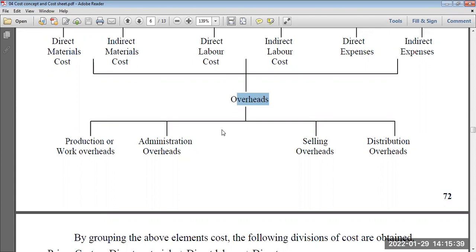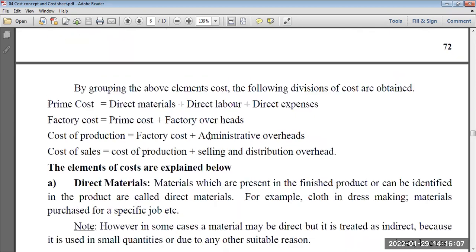And then during the process of selling your output, if you spend any indirect expenses, such indirect expenses can be called selling overheads. Okay, while delivering the goods to the customer's place, if there are any indirect expenses incurred, such expenses are called distribution overheads. So all indirect expenses are called overheads.